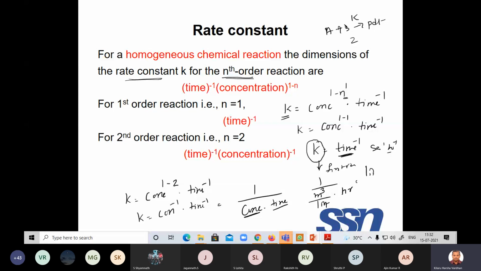So we can write liters per meter cube hour. This is the general unit for K if it is second order, right? It can be liters or milliliters, or whatever you want to change, you can change, right?